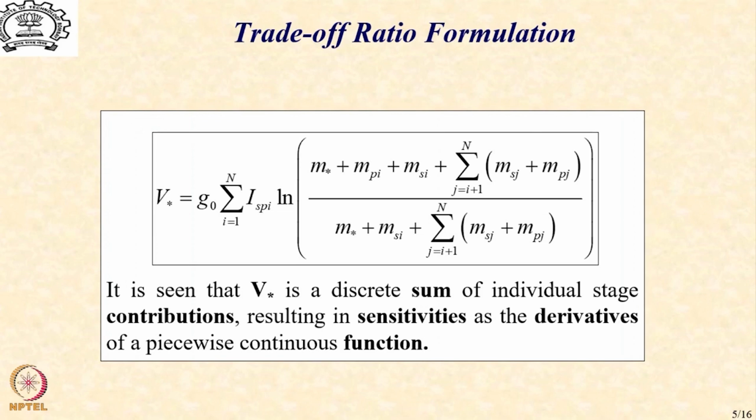It is not a continuous function, which means as you go from stages i equal to 1 to n, the numbers change, and because of which there are sudden jumps in the masses at the interface points, and we need to generate the partial derivatives to understand the sensitivities of a piecewise continuous function. Of course, from your calculus, you would have probably dealt with these kind of functions for arriving at their derivatives.